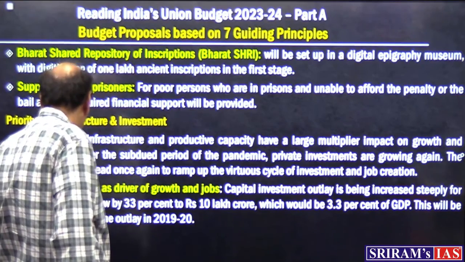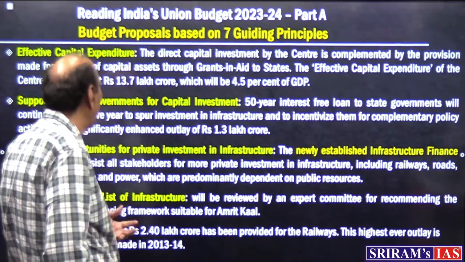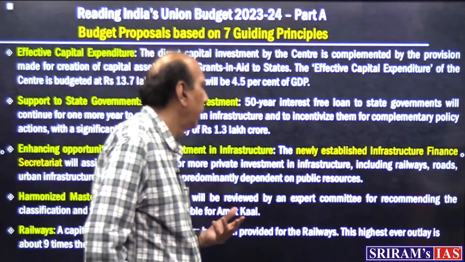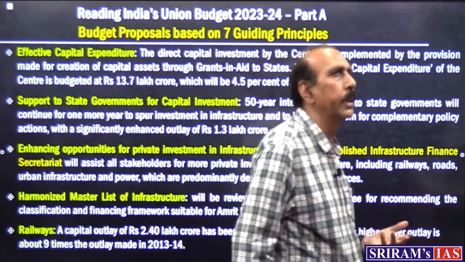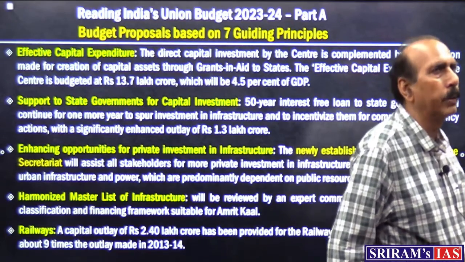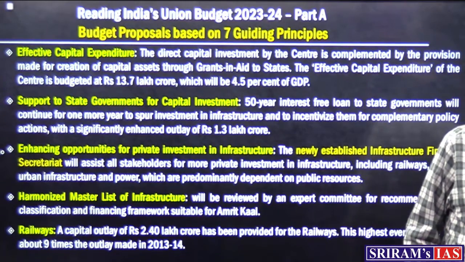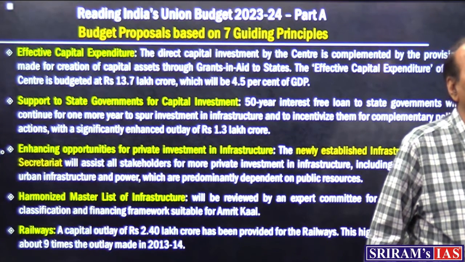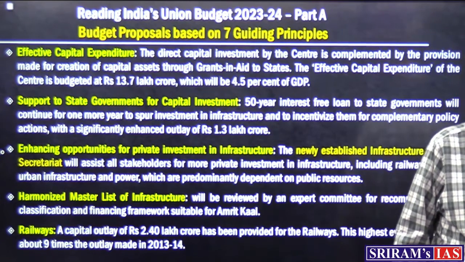But the actual expenditure the government is going to promote is much more than the 10 lakh crores. The government is also giving 50-year interest-free loans to the states to push up capital expenditure by the state governments also.